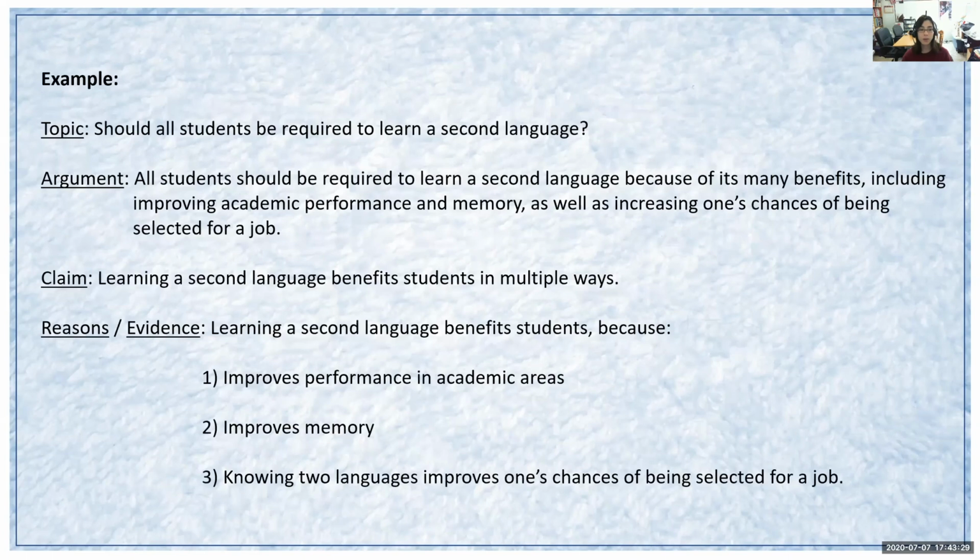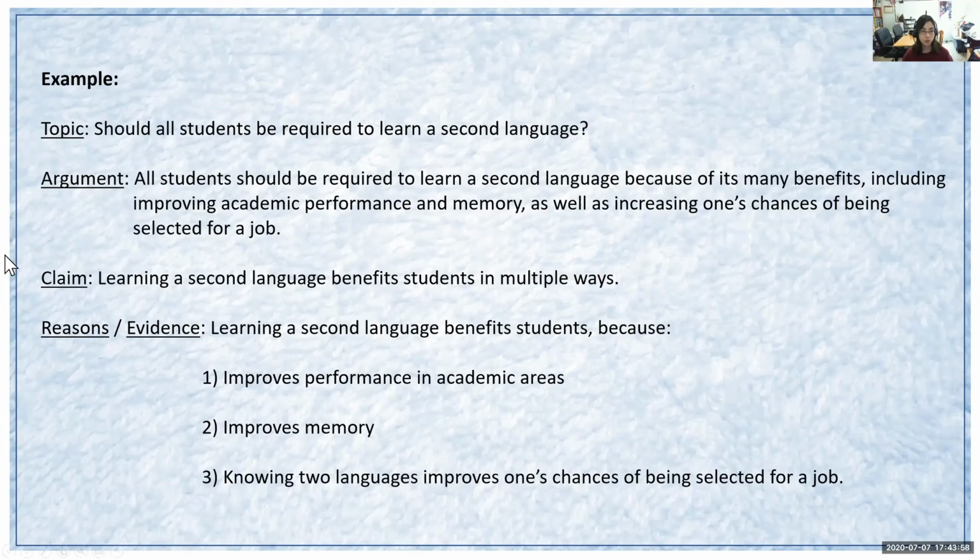I'm going to give one more example. Okay, so if I have the topic of, should all students be required to learn a second language? Then my argument, which is my claim plus my reasons and evidence, might be, all students should be required to learn a second language because of its many benefits, including improving academic performance and memory, as well as increasing one's chances of being selected for a job.